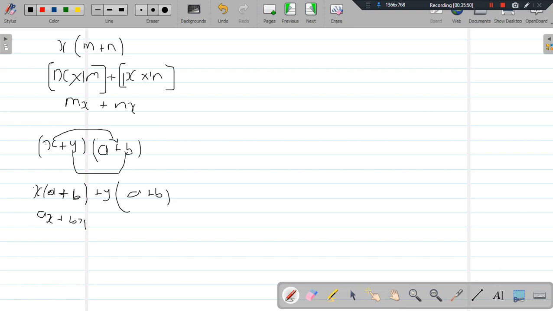But there is another expression here that I need to expand. So I also bring the positive sign over here. Y multiplying a will give me ay, then plus. B multiplying y will give me by. Alright, so that is the simplification of this particular algebra.